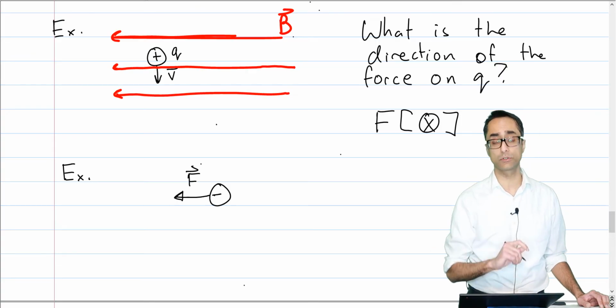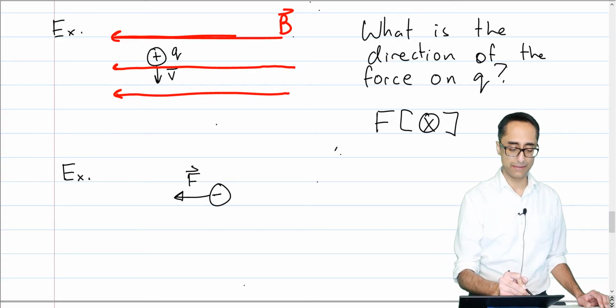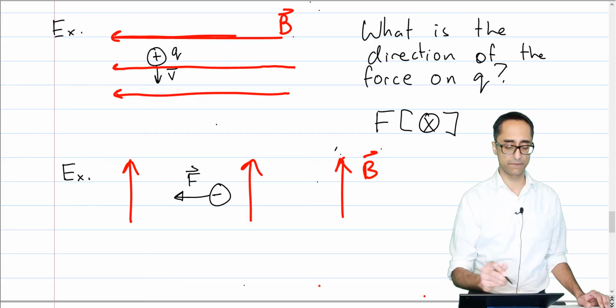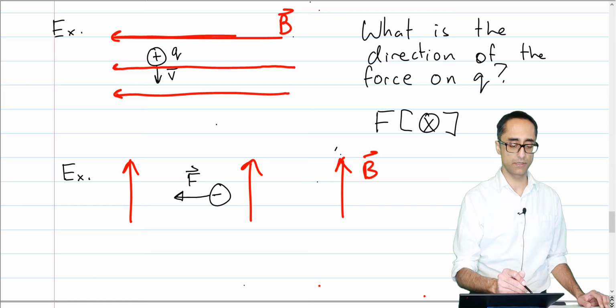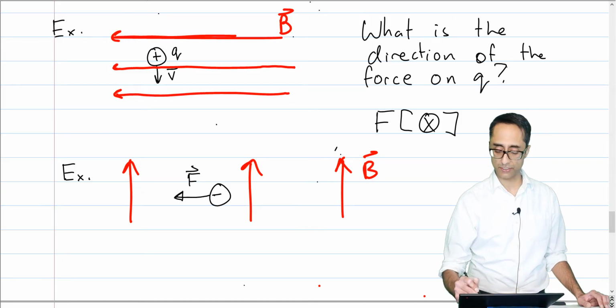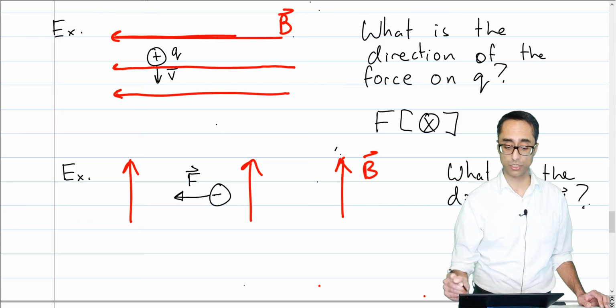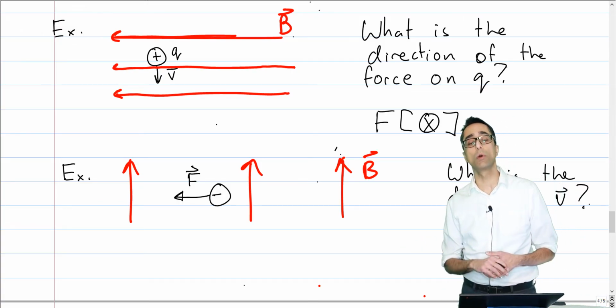So I'm giving you the force this time, and I'll give you the direction of the magnetic field as well. So that's my magnetic field, and this time your question is, what is the direction of velocity? And this isn't the direction of the velocity due to the force or anything like that. It was the initial velocity of my charge, which is just an unknown, and I would like to know what it is.